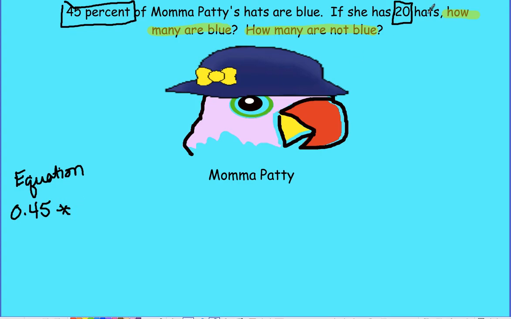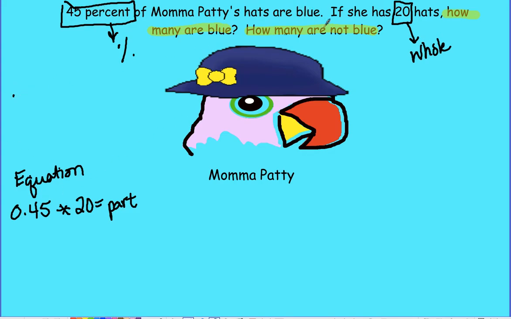Now this is where we're looking at this and saying, okay, this is a whole, and this is a percent. Doing that within your problem is very helpful. So 45 hundredths times 20 is going to give me my part. In this case, my part is equal to the number of blue hats because 45% of the hats are blue.